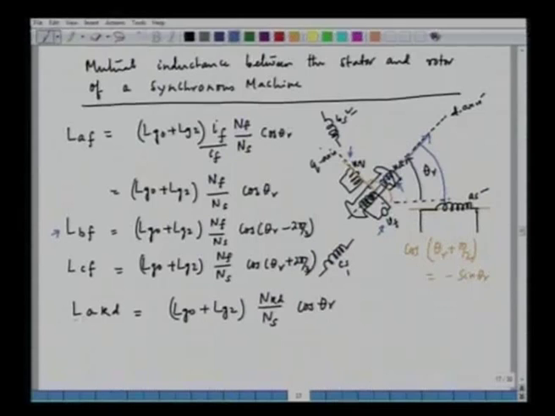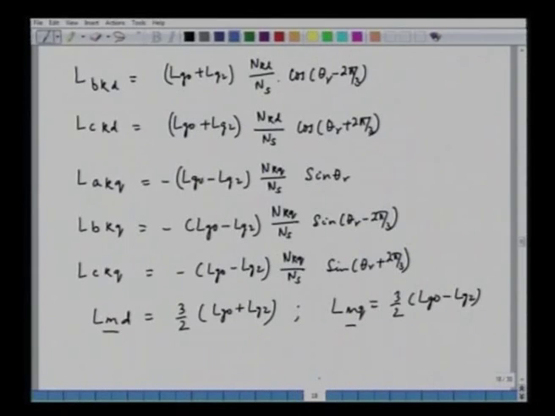So, LAKD is given as (Lg0 plus Lg2) into NKD by NS into cos theta r. Similarly, LBKD, the mutual inductance between phase B and the damper winding in the D axis, is (Lg0 plus Lg2) into NKD by NS cos (theta r minus 2 pi by 3). LCKD is equal to (Lg0 plus Lg2) into NKD by NS into cos (theta r plus 2 pi by 3).